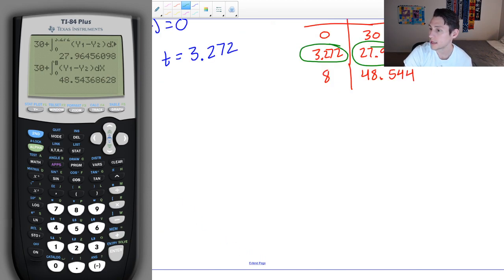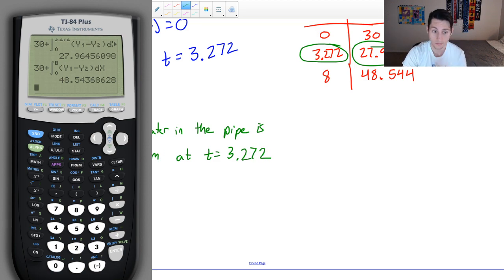So as I write my answer, the amount of water in the pipe is at a minimum at t equals 3.272. What is that?